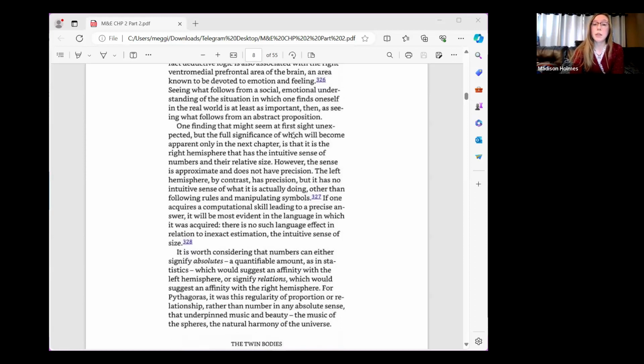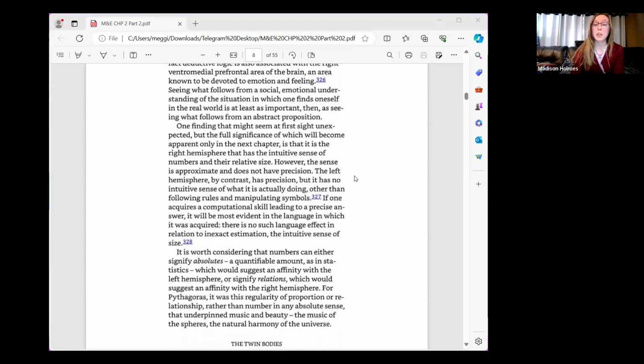One finding that might seem at first sight unexpected, but the full significance of which will become apparent only in the next chapter, is that it is the right hemisphere that has the intuitive sense of numbers and their relative size. However, the sense is approximate and does not have precision.